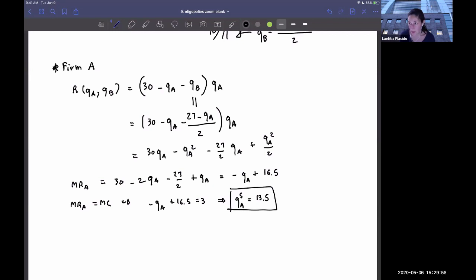Now we have the quantity produced by the leader. How do we determine the quantity produced by the follower, firm B? Well, we already know that. Firm B is going to react to the quantity set by firm A like this: (27 minus QSA) divided by 2. So that's (27 minus 13.5) divided by 2, which gives QSB equals 6.75.